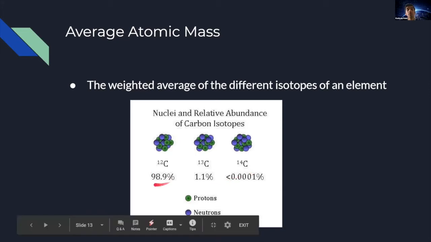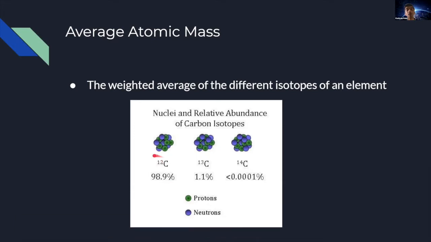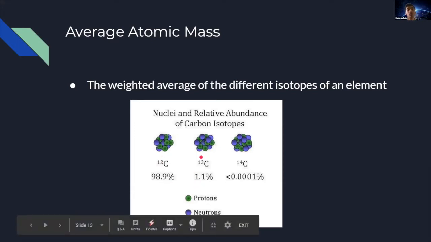So if you take 99% of 12 and then add that to 1.1% of 13, basically if you multiply 12 by 0.99 and multiply 13 by 0.01, because you're taking the percentage, you would get the weighted average.